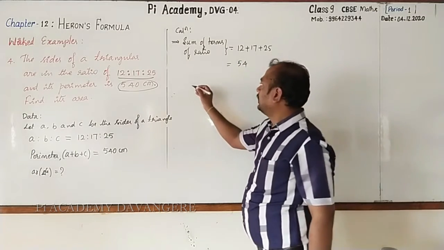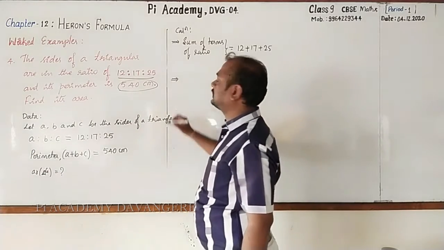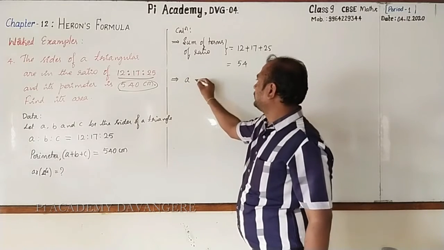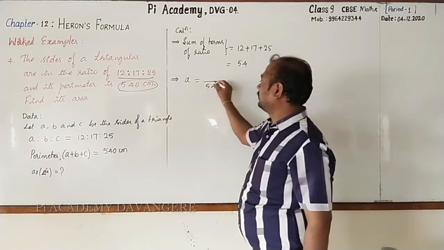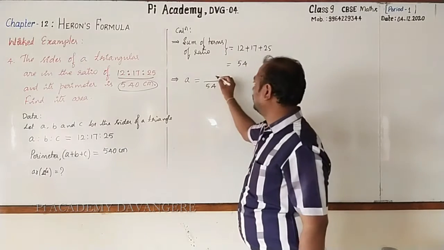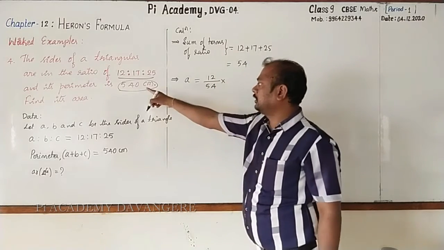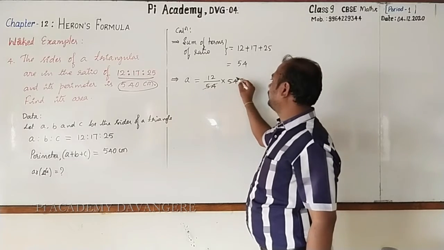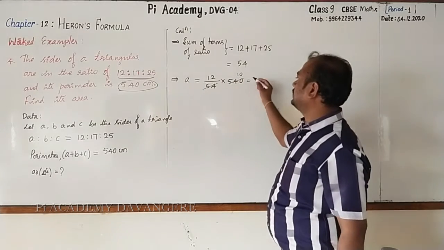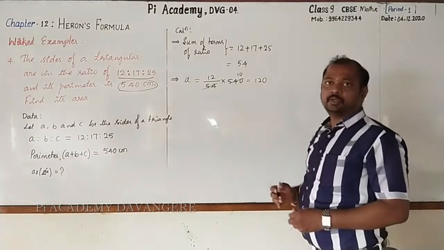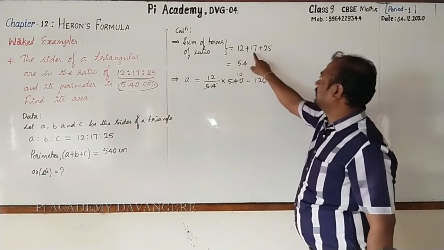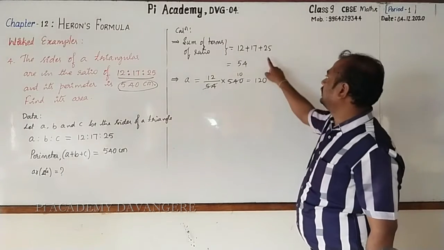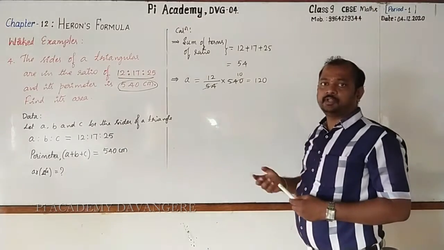Got it? Now let us go for finding all the three sides. A: out of 54, A is 12, and it should be calculated for 540. It is very simple. 54 ones are 54, tens are 540, so 12 tens are 120. Similarly 17 tens are 170, 25 tens are 250.